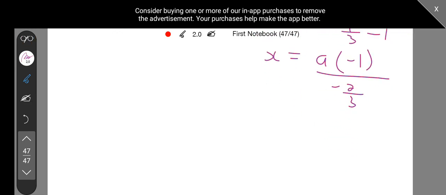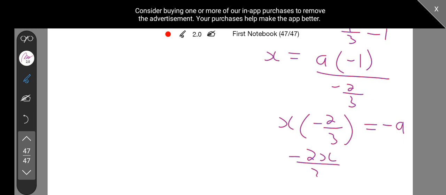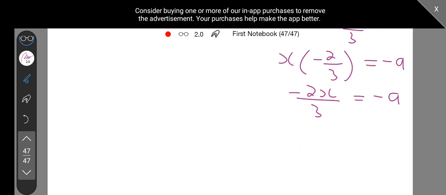By cross multiplying, we're going to say x multiplied by negative 2 over 3 is equal to negative 1 times a, which is negative a. So this is going to be negative 2x over 3 is equal to negative a. Remember, if we have a negative sign on both sides, we can divide both sides by a negative, meaning they cancel out the negative signs. And we can say that therefore a is equal to 2x divided by 3, and this is equation number 1.